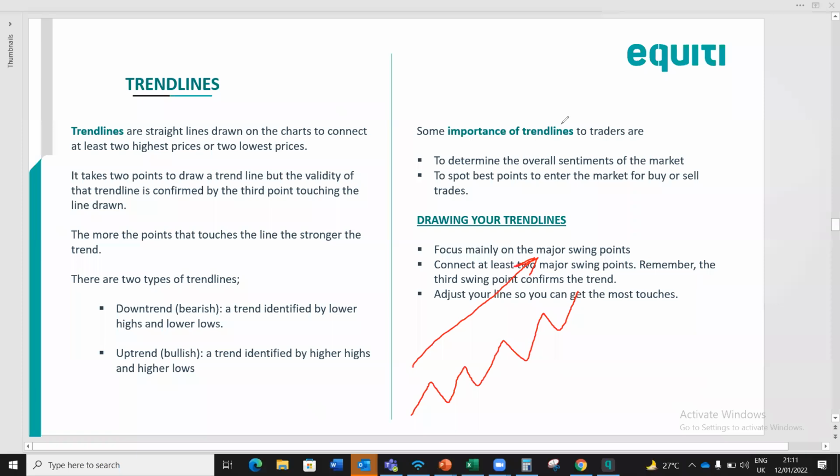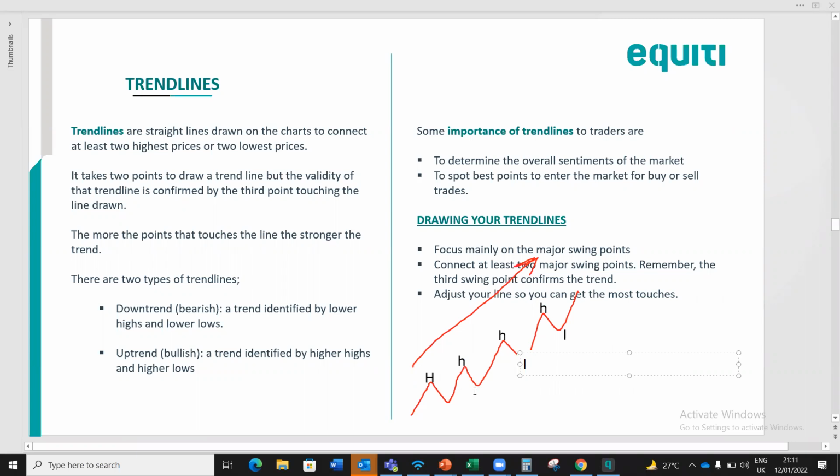So, permit me. This is a high. This is another high. This is another high. This is another high. This is a low.